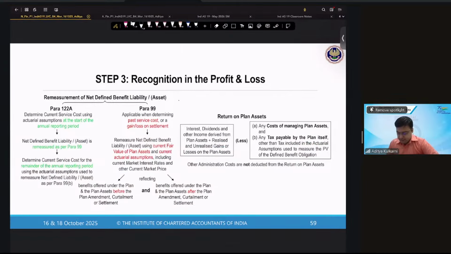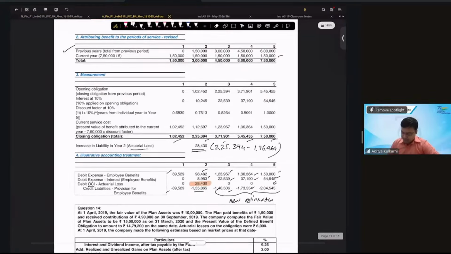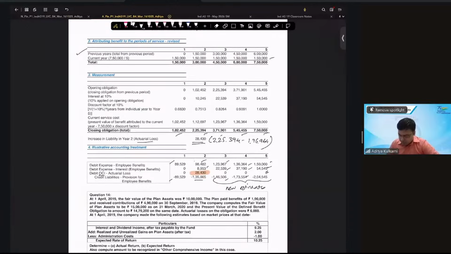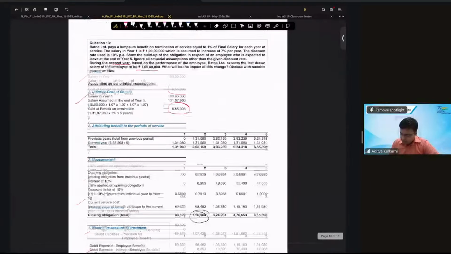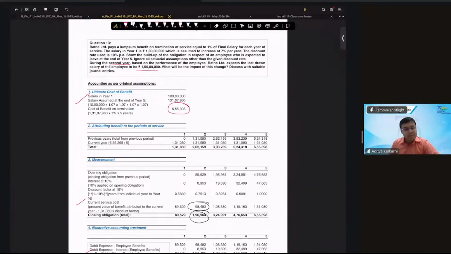Remeasurement of net defined benefit liability or asset. Determine current service cost using actuarial assumption at the start of the annual reporting period. Did I do this? Yes, I did exactly this. 98,480 at the start of year 2, I did it based on current assumptions. Correct?